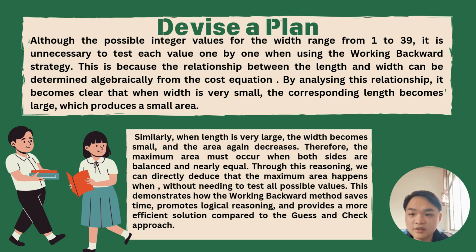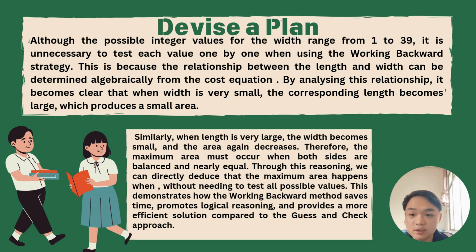By analyzing the relationship, it becomes clear that when width is very small, the corresponding length becomes large, which produces a small area. In the same way, when the length is very large, the width becomes small and the area again decreases.